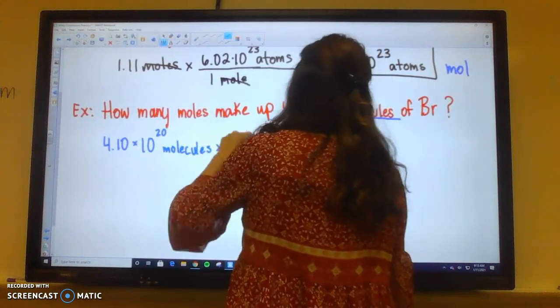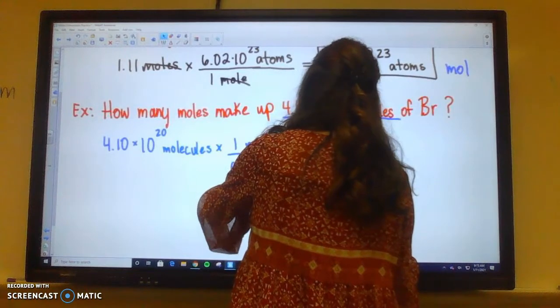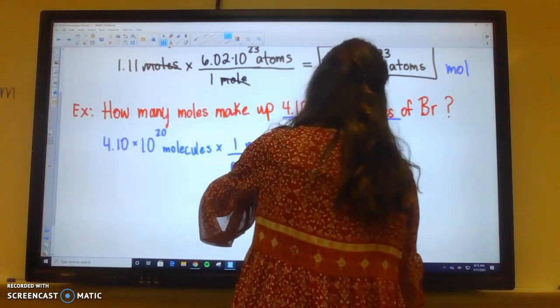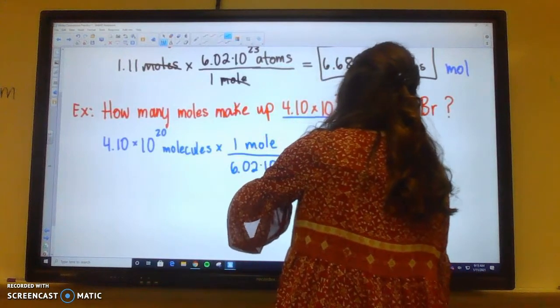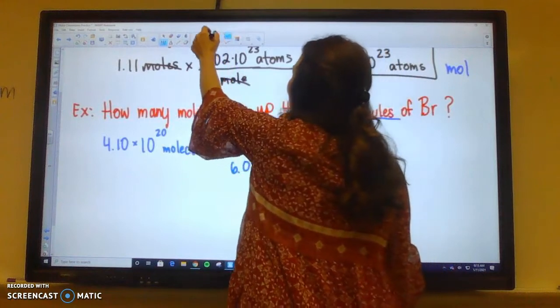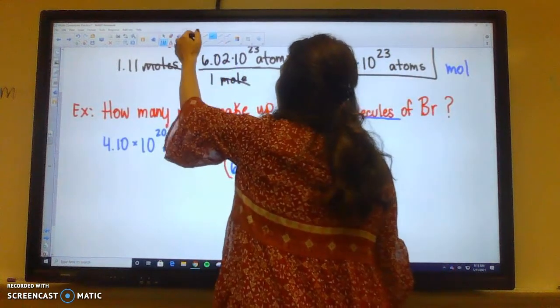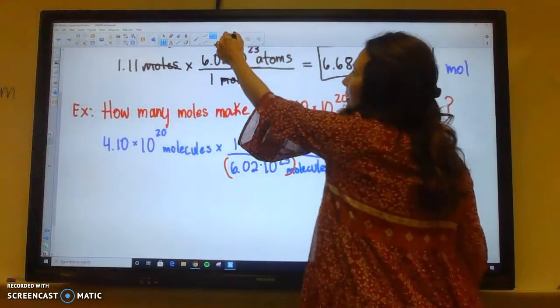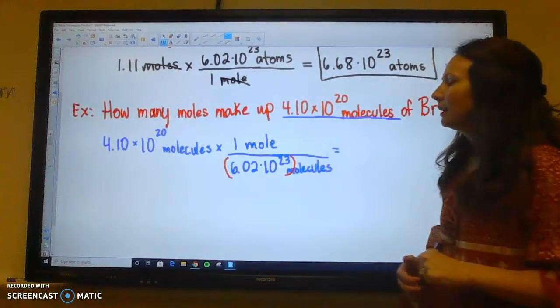This is a scientific notation number written in the denominator. We have to watch our order of operations. So when we put this in a calculator, we need to put parentheses around Avogadro's number. Okay? So I just want to mention that.